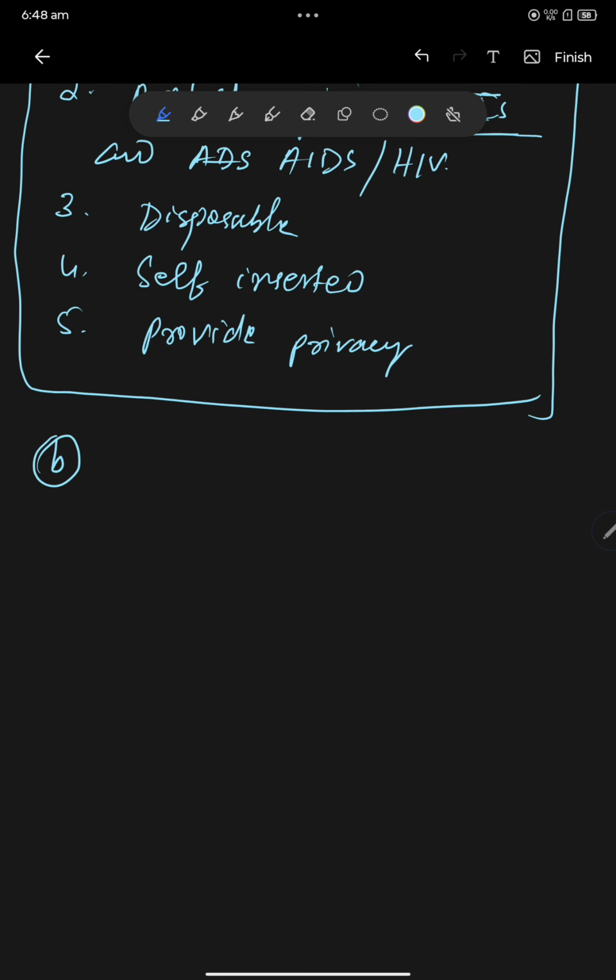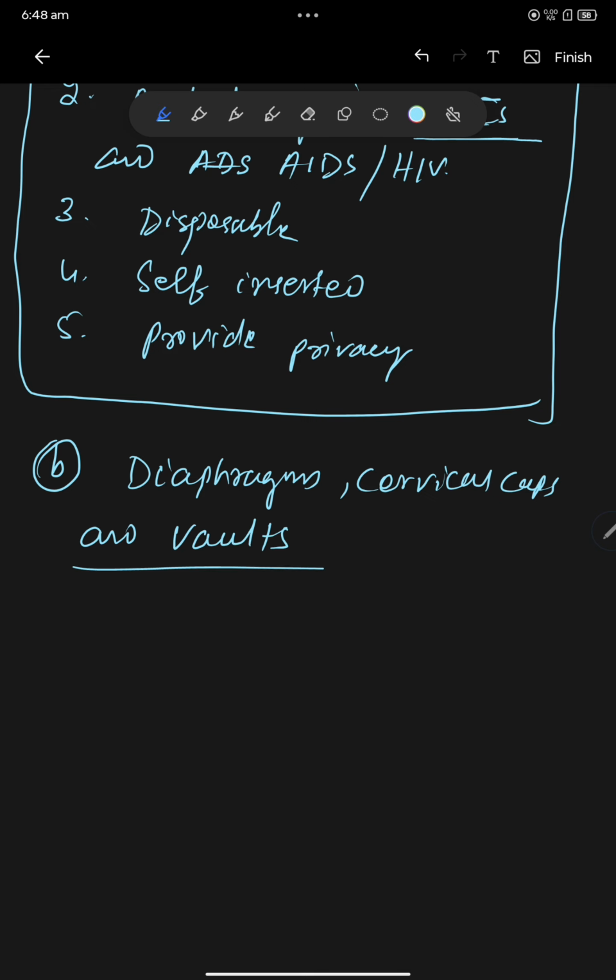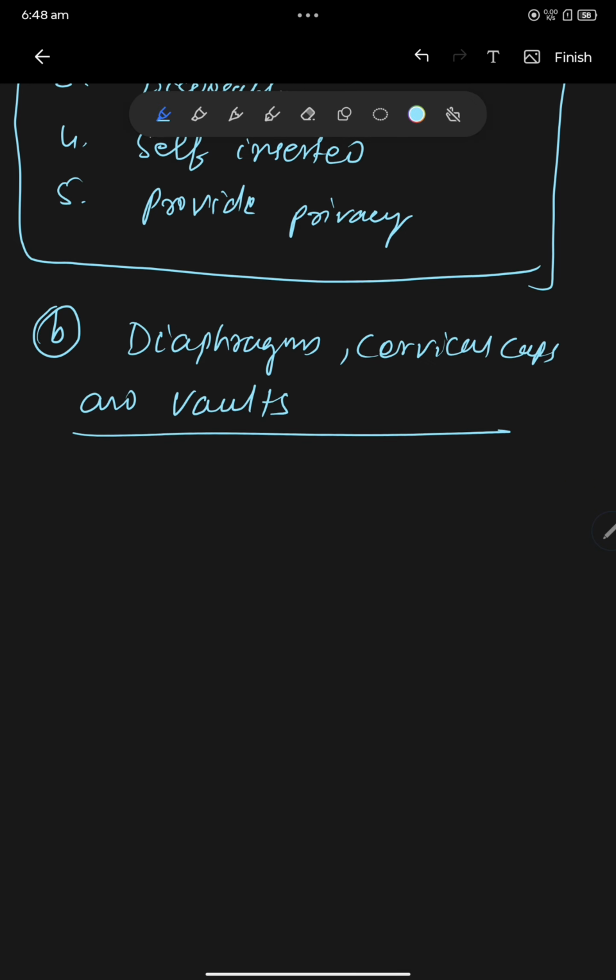The second type of barrier method is diaphragms, cervical cap, and vaults. Okay, so let me tell you its features.